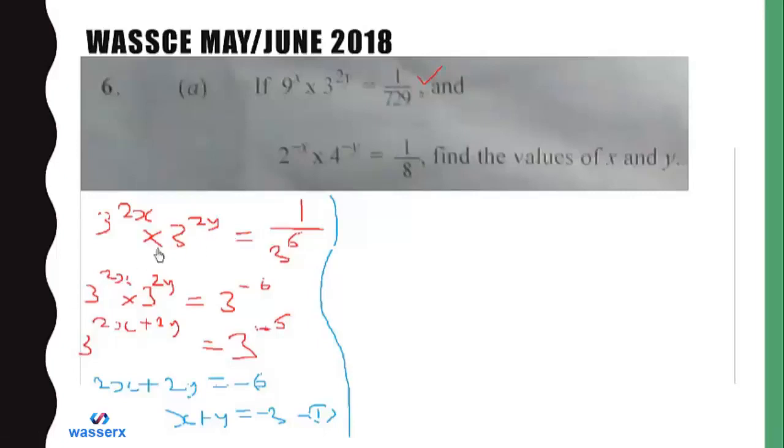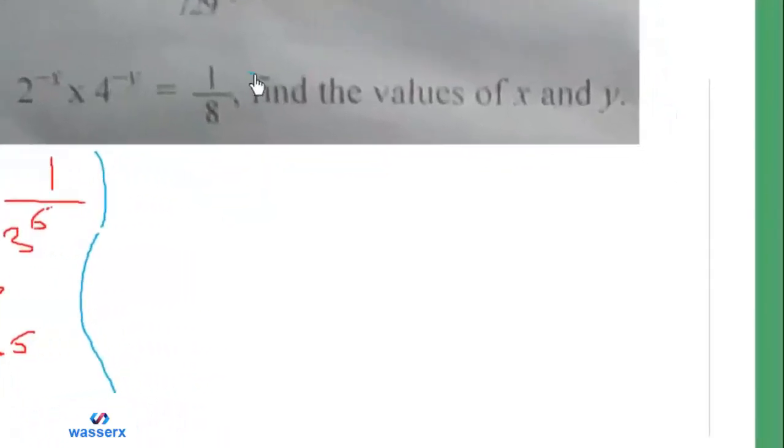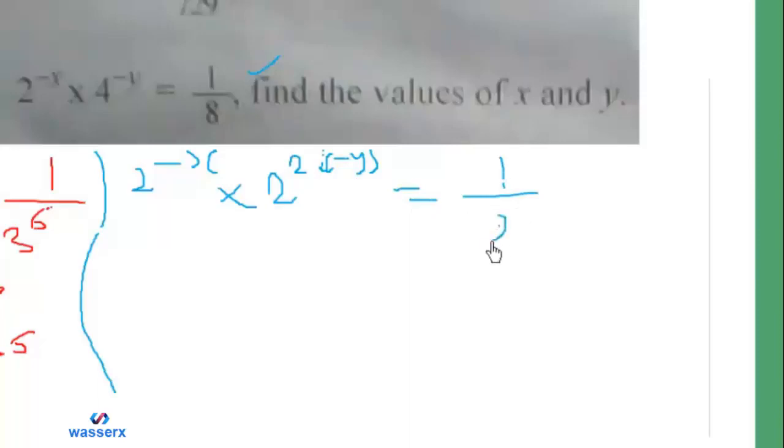Now let's take the second part. We have 2 to the power negative x. Then this one is 2 to the power 2, so times 2 to the power 2, but there was a negative y over there already. Then we have 1 over 2 to the power 3.